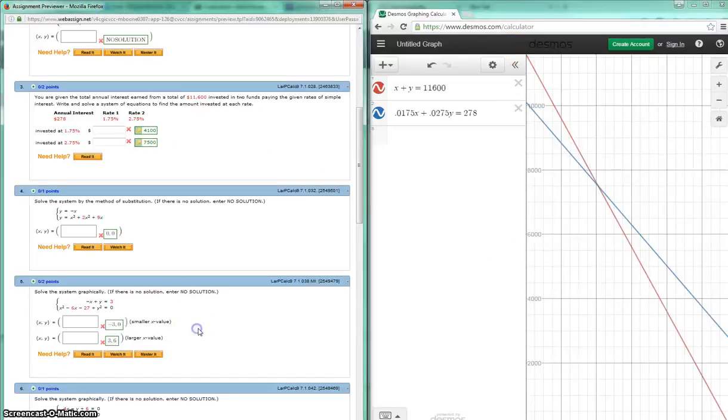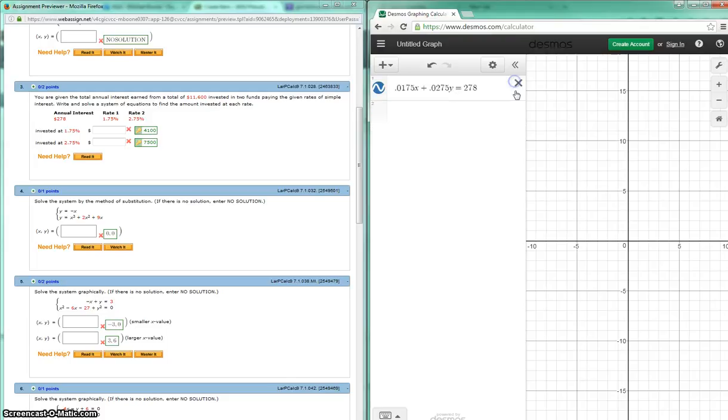One more to look at graphically, and so we'll just do this one on Desmos, is when you're graphing equations, like looking at number 5, we just type in what they give us. If you're used to your TI, you have to solve them for Y, but if we're using Desmos, we just type things in.